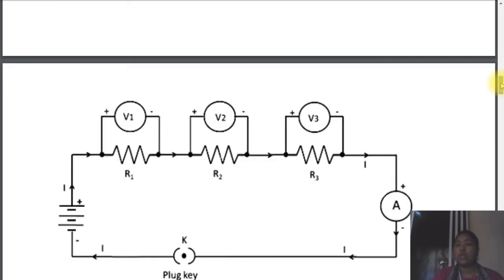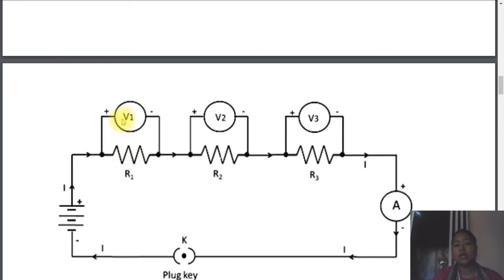After that we do the observation for the potential. To calculate the potential difference, we connect a voltmeter. In the very first condition, we connect the voltmeter across the resistor R1 like this.